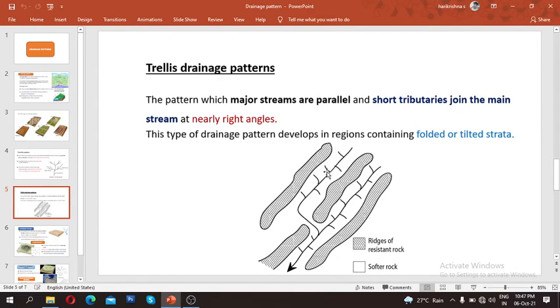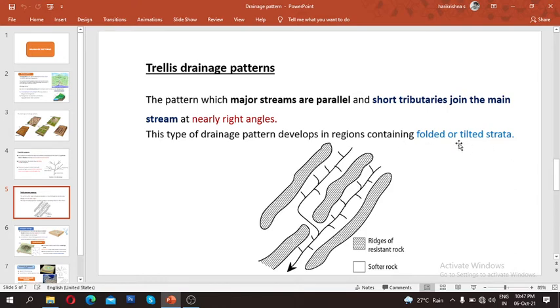Almost all the tributaries you can observe here are nearly right angles. These types of drainage pattern develop in regions containing folded or tilted strata. Yes, where you can observe this trellis drainage pattern, it is nothing but folded or tilted strata.